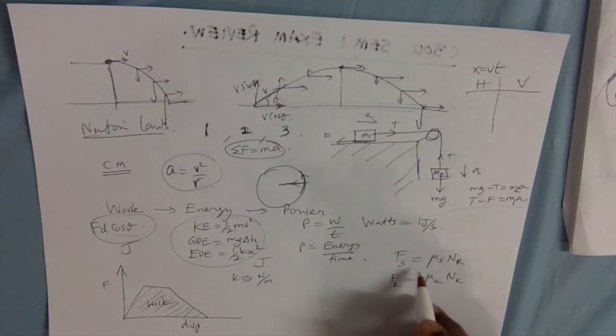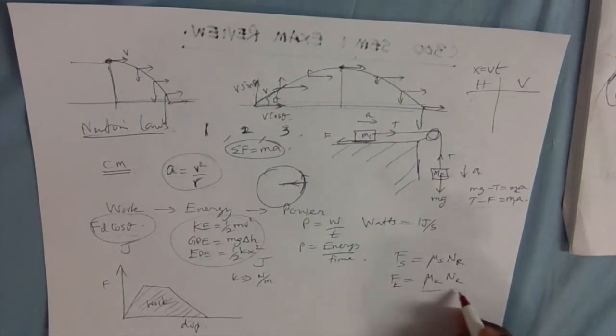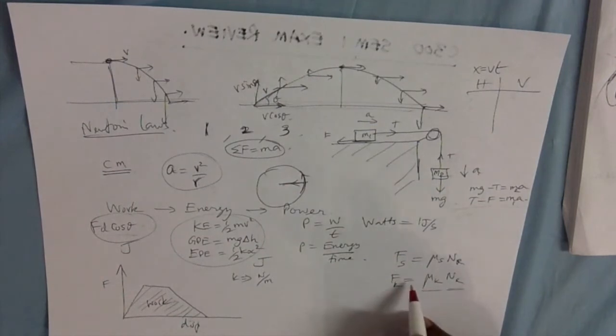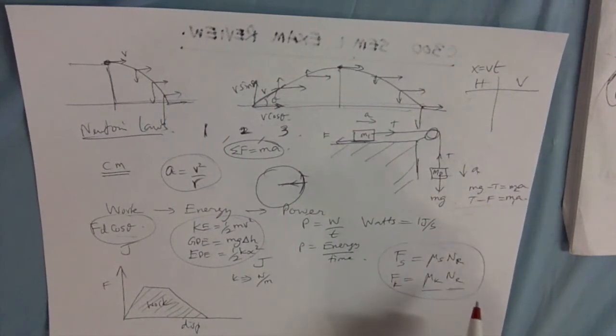So friction force normally depends on these two factors. This is the nature of the substance, and that's the normal force. That is what friction generally depends on. Now, fluid friction depends on area, on how fast we are going, and also on the nature of the fluid itself. So understand the use of this equation. Okay.